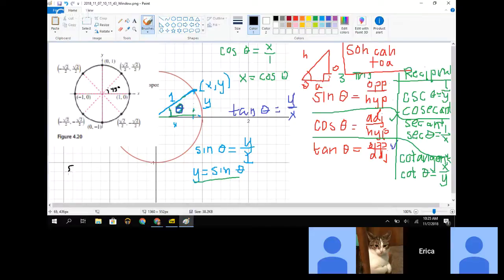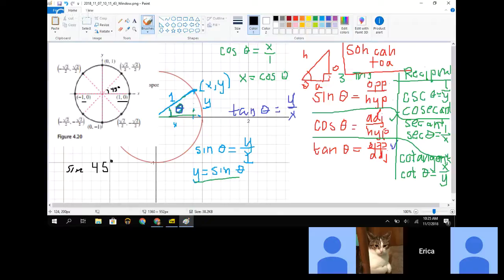So what that means is if I asked you what the sine of 45 degrees is, you could obviously plug it in your calculator, right? But I also know that this is a unit circle. It's a unit circle because I have 1, 1 and negative 1, 1, right?